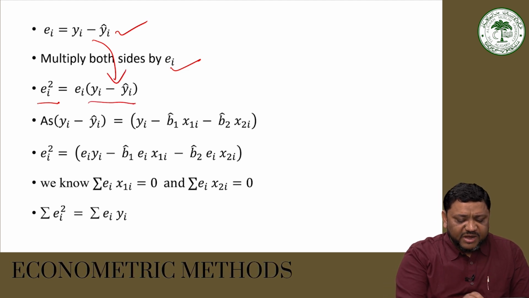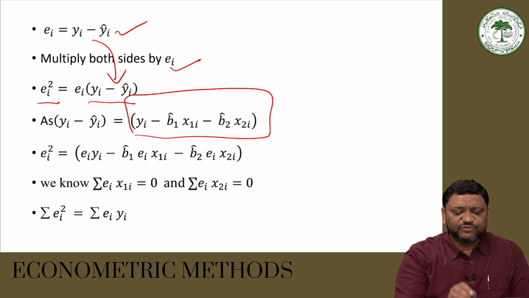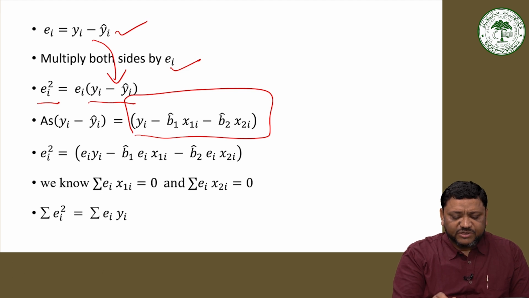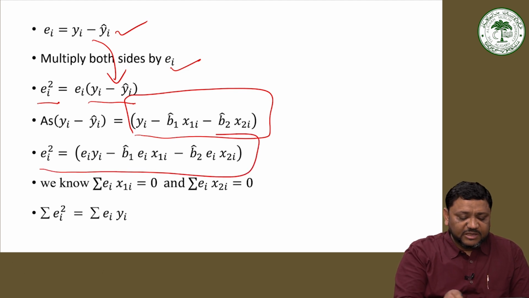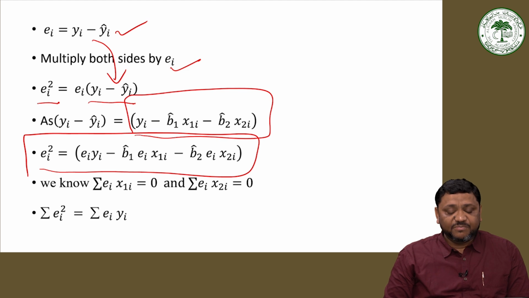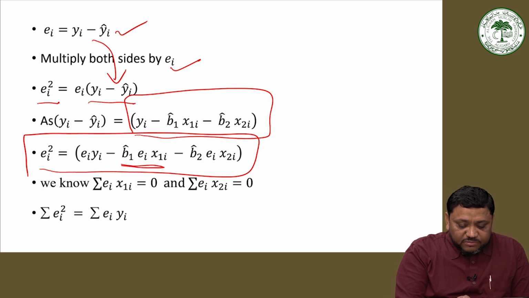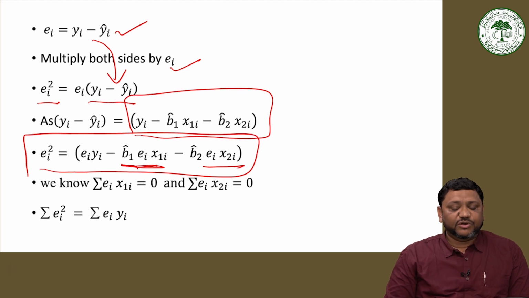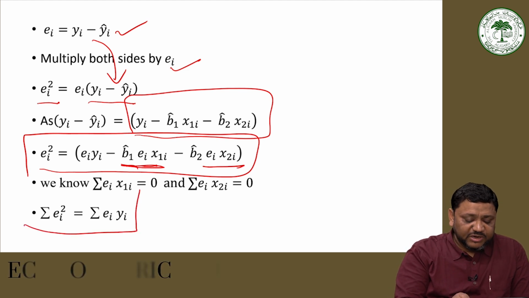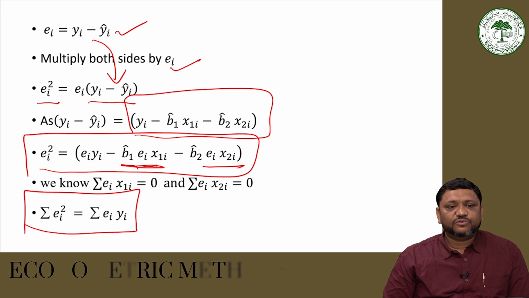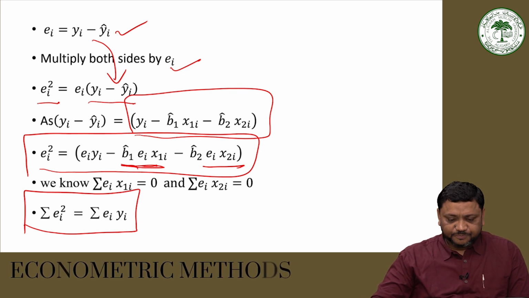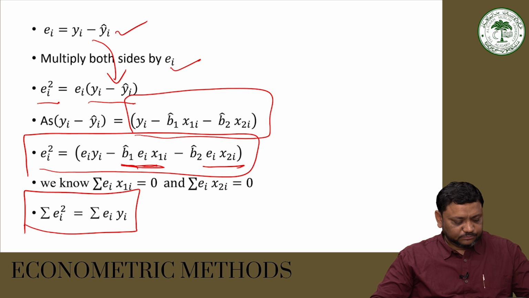So summation ei square is equal to this equation which we derived earlier: ei yi minus beta 1 hat ei x1i minus beta 2 hat ei x2i. By assumption these two terms are equal to 0. So what we are left with is summation ei square equal to summation ei yi.